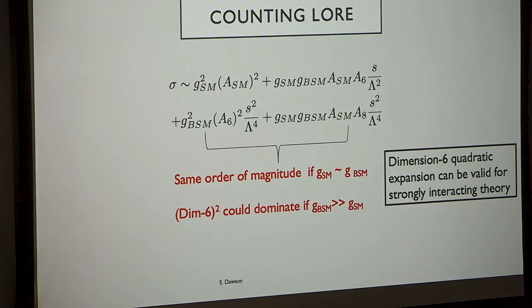But maybe I'm in some strongish coupling regime where these BSM couplings are much bigger than the standard model pieces. And so if the BSM coupling is much bigger, the A6 squared is much bigger than the dimension 8, and it would be okay to drop the dimension 8. But now we're getting into the regime of putting assumptions into what's supposed to be a model-independent approach.